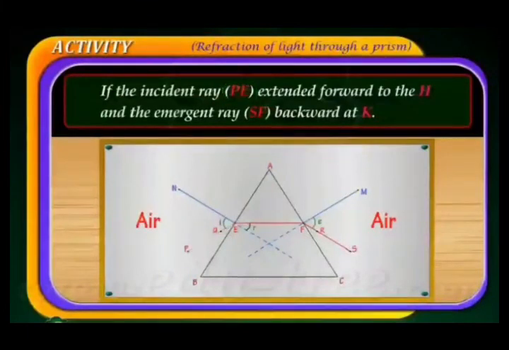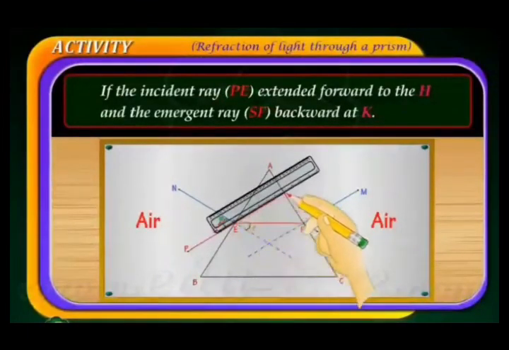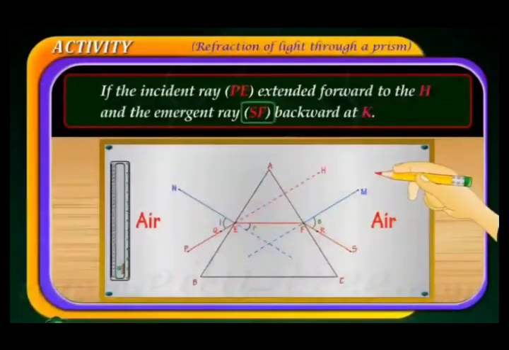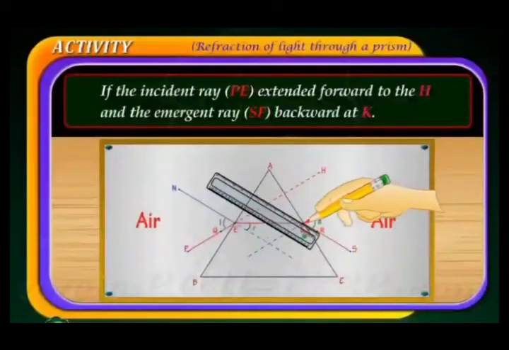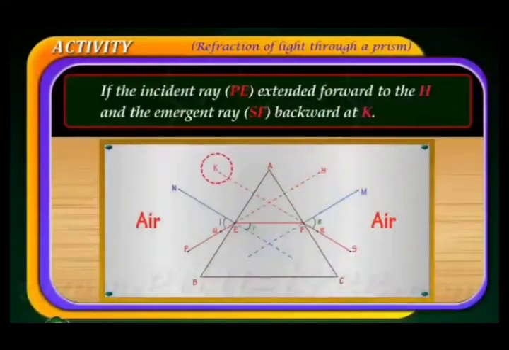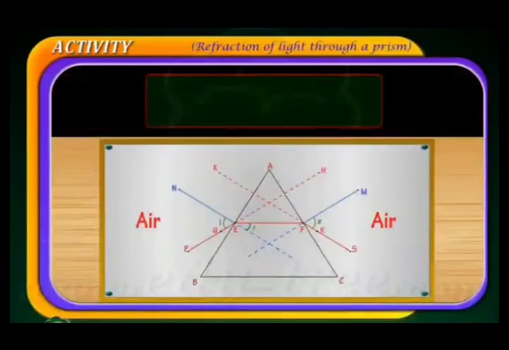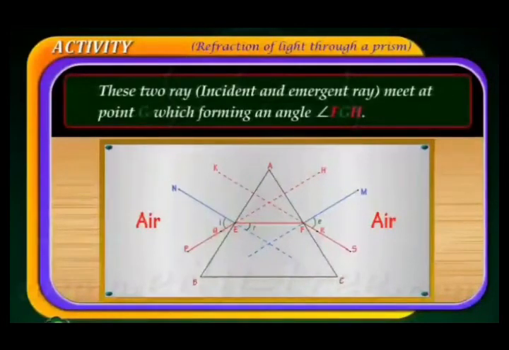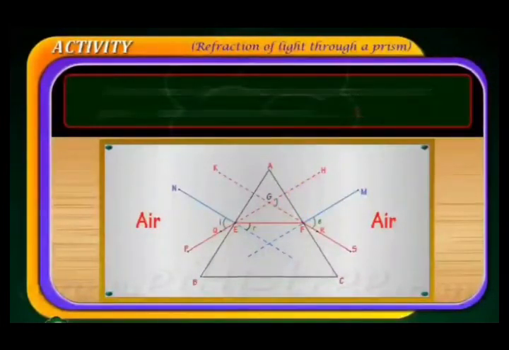If the incident ray PE is extended forward to point H and the emergent ray SF is extended backwards to K, these two rays, incident and emergent, meet at point G, forming an angle FGH.